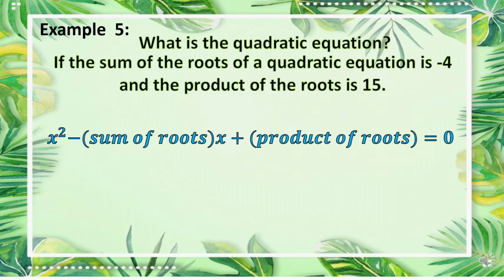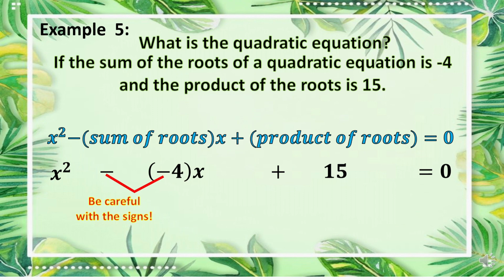By substituting the given, we have x squared minus negative 4x plus 15 is equal to 0. Note that we have to be careful with the signs. So by simplifying, we have x squared plus 4x plus 15 is equal to 0.